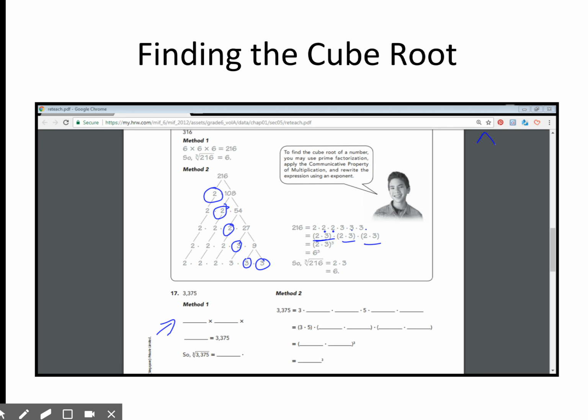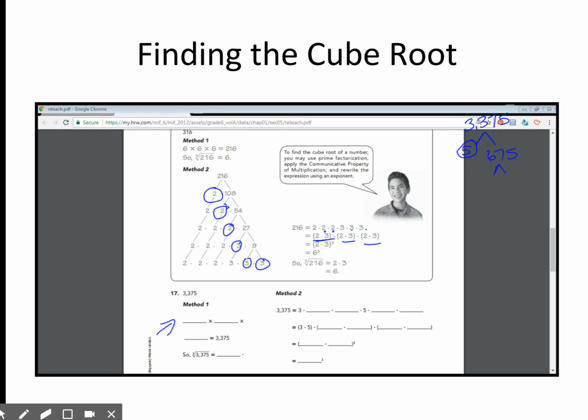I'm going to start up here, 3,375. I know that 5 can go into this simply because it ends in 5. So I'm going to do the division, and 3,375 divided by 5 equals 675.